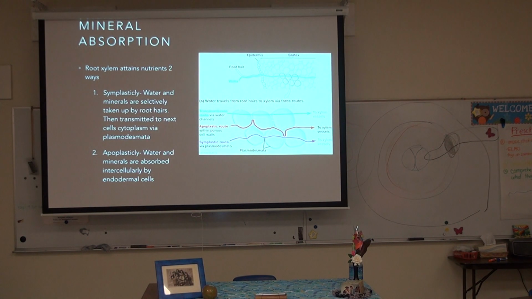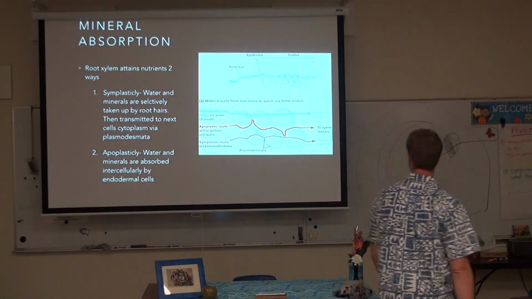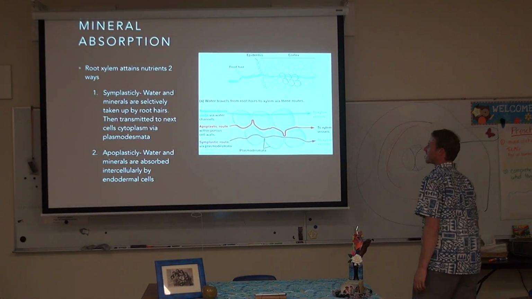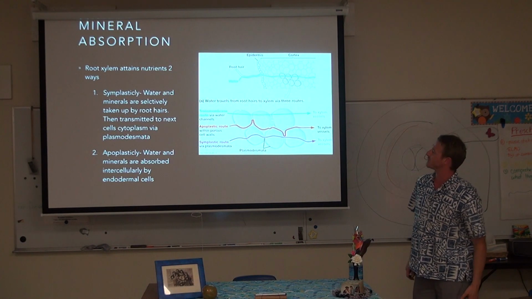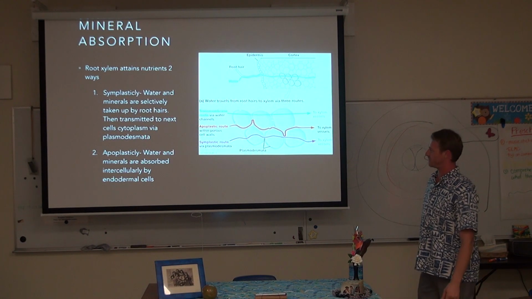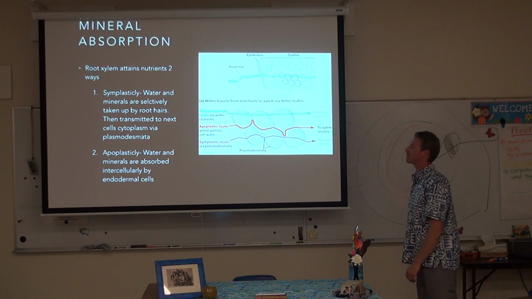Mineral absorption. Root xylem contains two nutrient pathways. Nutrients can be absorbed by a root symplastically and apoplastically. Symplastically is water and nutrients that are selectively taken up by root hairs. They are transferred to the next cells via the cytoplasm.